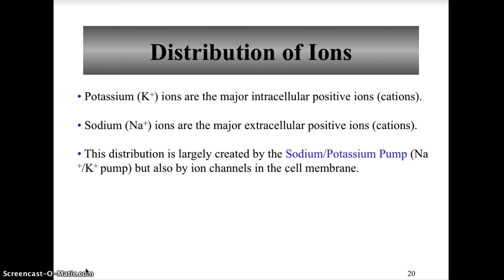So the resting membrane potential, the RMP, of a neuron results from this distribution of ions across the cell membrane. So we have high potassium ions on the inside, high sodium ions on the outside. You also have some negative ions or anions in there. You have chlorine as an anion. That will be highly concentrated on the outside. And then you also have negatively charged proteins.